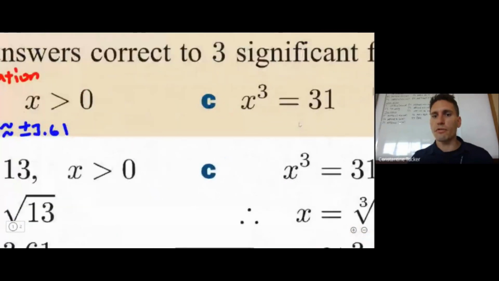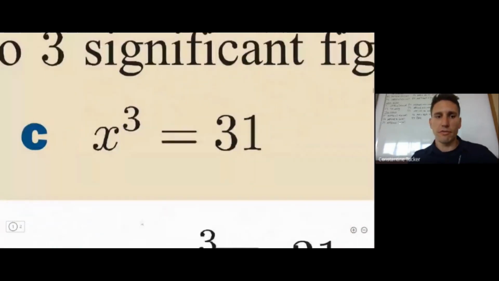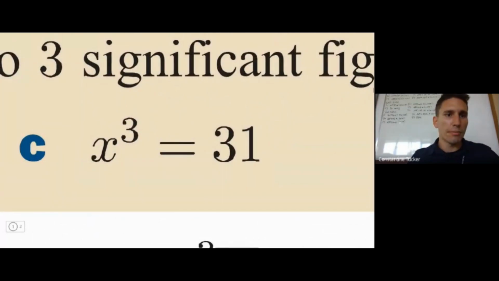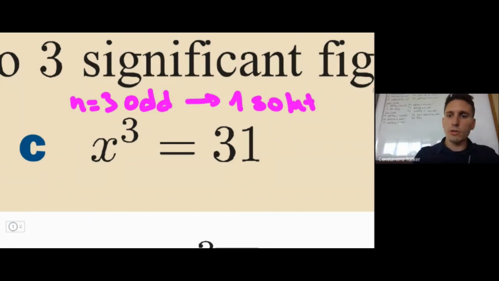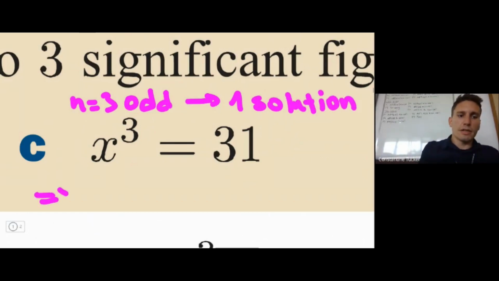Now, that is the idea when you have something like x squared is equal to a particular value. But what happens when you have x cubed is equal to a particular value? So here, the power n is equal to 3. So this is an odd power, which means we have one solution. And how do we write it down? How do we find the solution? Well, we say that x is going to be equal to the cube root of that number we have on the other side.